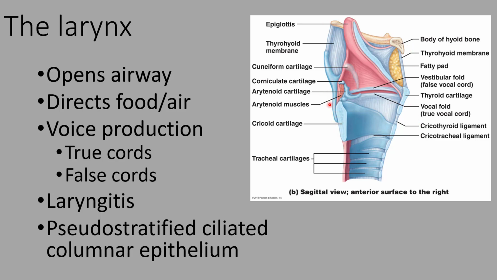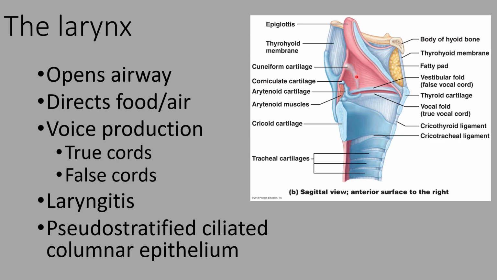And hyaline cartilage is pretty stiff, so it holds the airway open. And the epiglottis, when we swallow, folds down a little bit and our larynx moves up a little bit, and the result is the epiglottis blocks the opening into the larynx and the trachea.